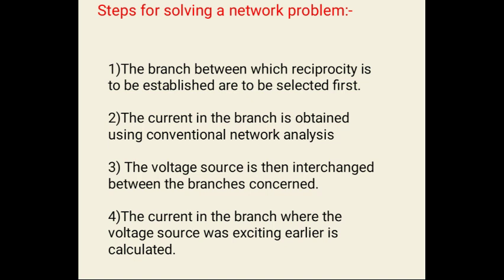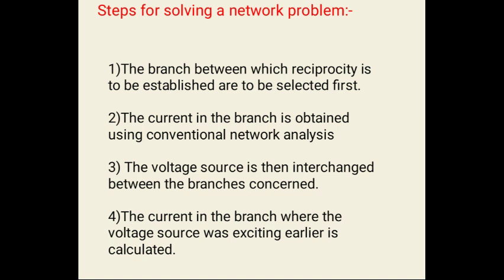Second, the current in the branch is obtained using conventional network analysis. It means the branch current is obtained by any conventional method such as KCL, KVL, mesh analysis, node analysis, etc.